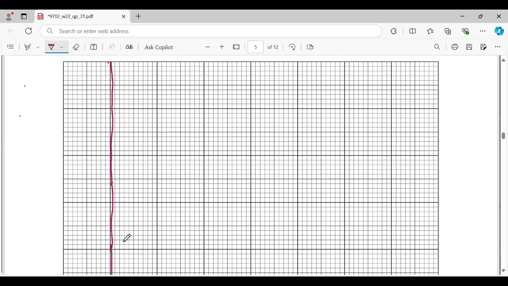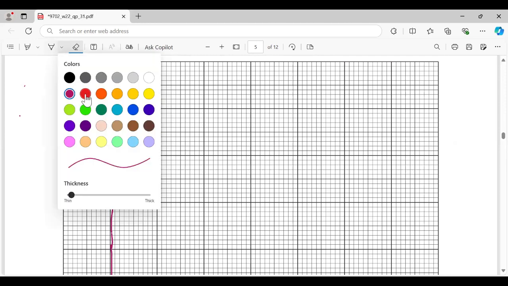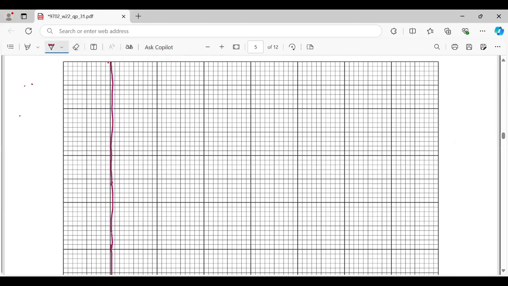Okay, and then afterwards, I'm going to sketch the x-axis, the D axis.